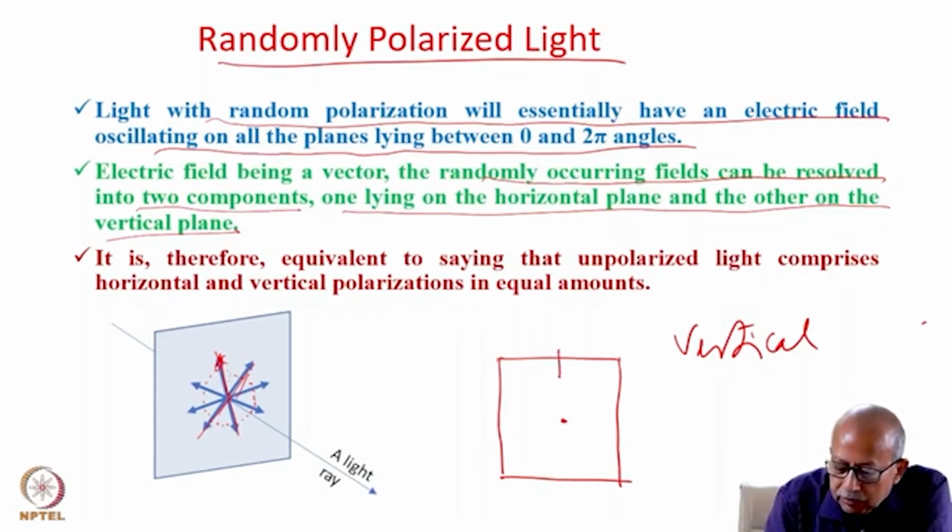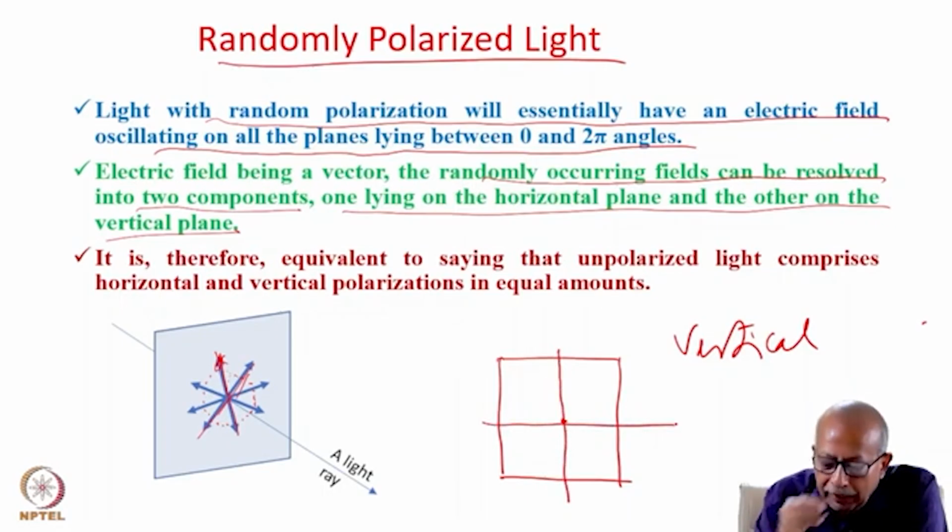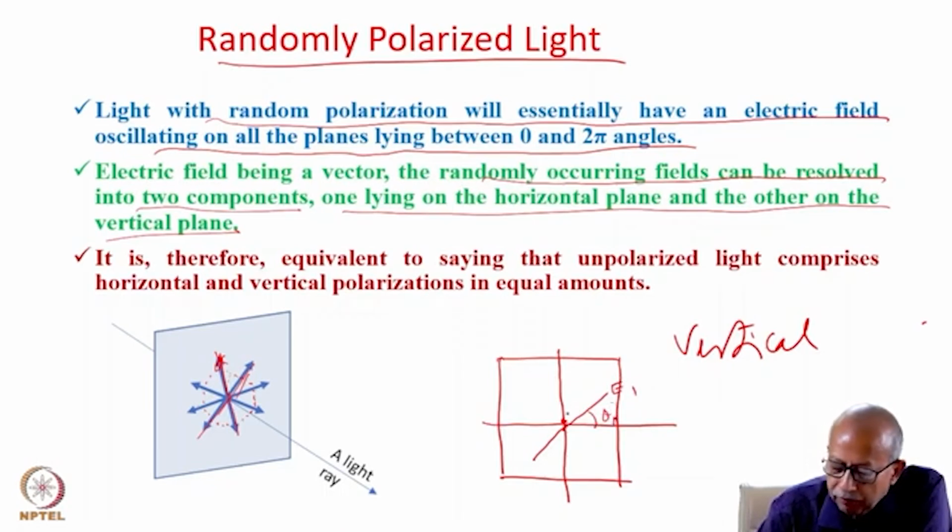So this is, say, the vertical axis, this is horizontal. And let us consider, just for convenience, two electric fields. So this is E1, which is making an angle θ1 with the horizontal axis. Another field E2 is making an angle θ2.